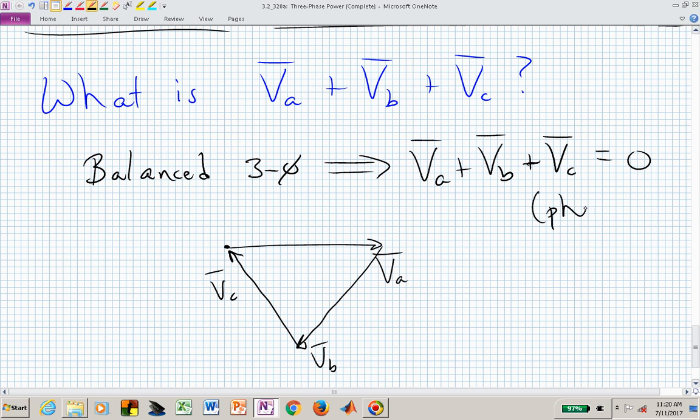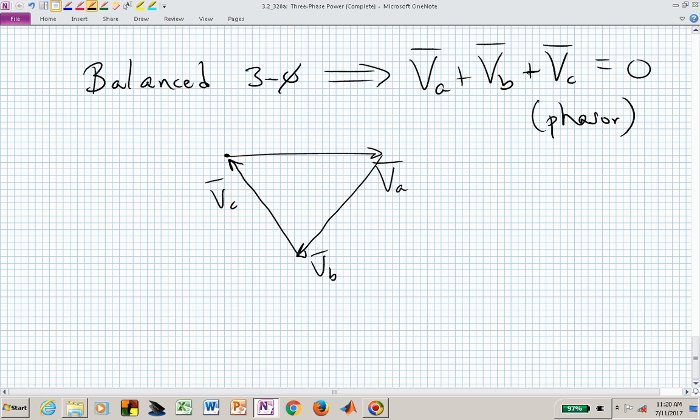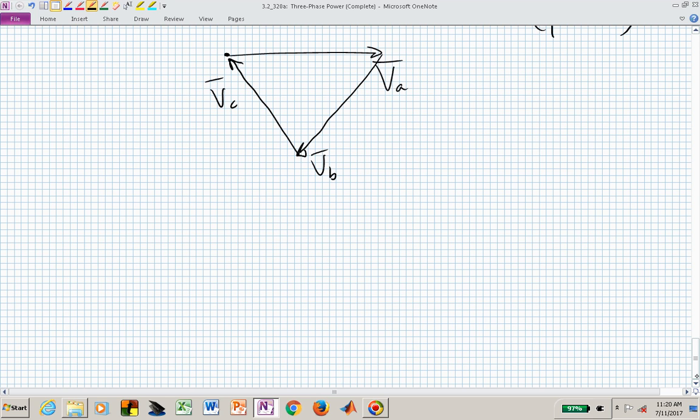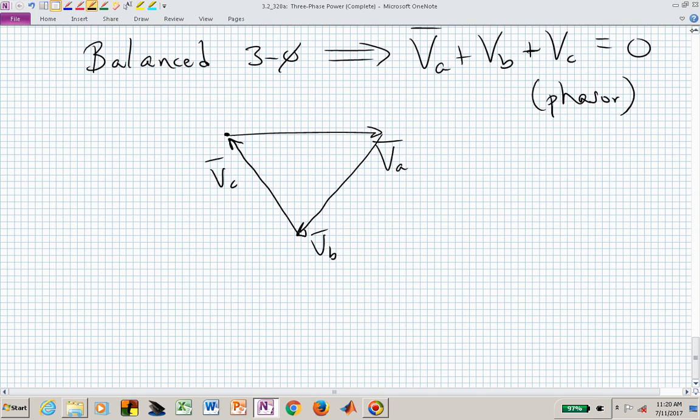In this phasor form, I have 0. Well, what does that actually say? Or can we say anything more than that?